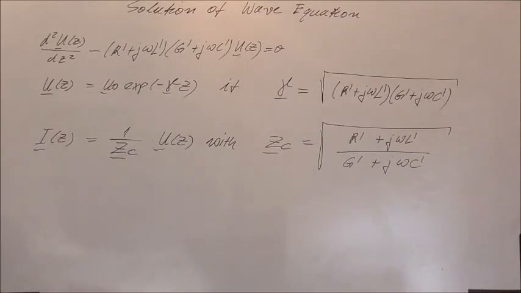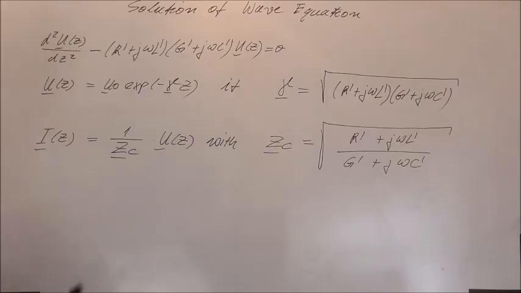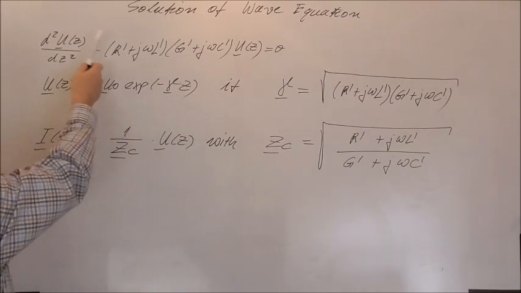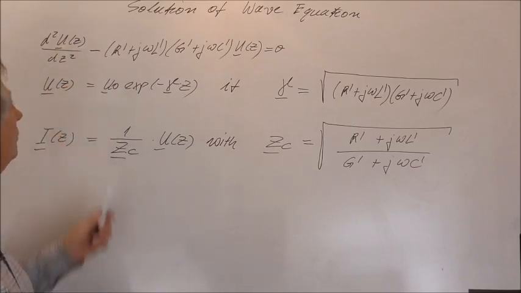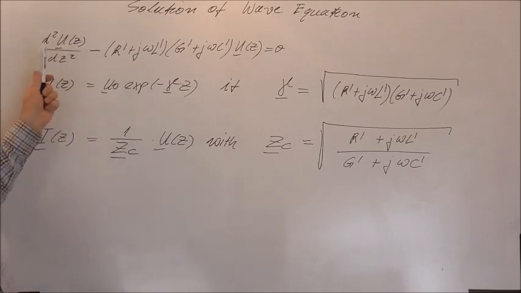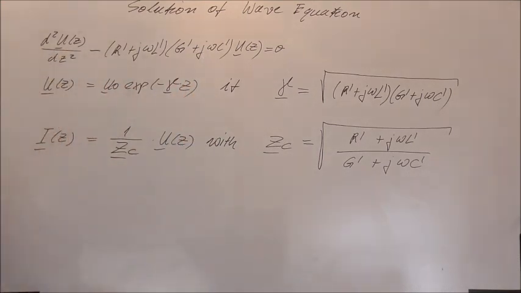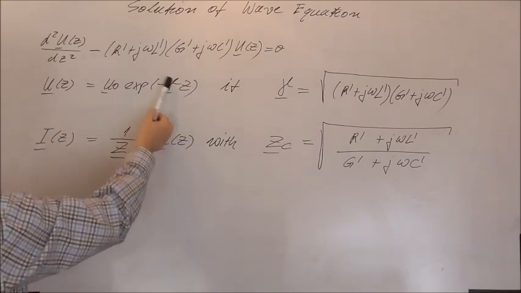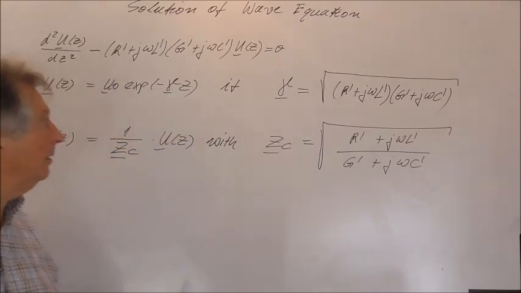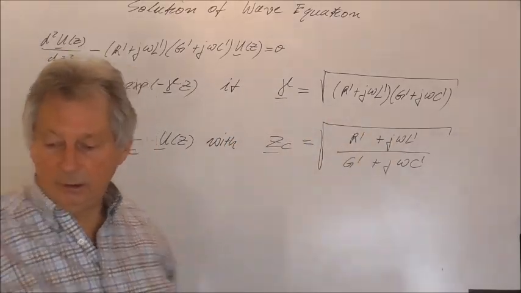I now want to summarize what we found. We started with our equivalent circuit of the transmission line, and we found that if I'm looking for the function u(z), this function must fulfill this differential equation. And we found that the exponential function can solve this differential equation if we choose gamma according to this equation.